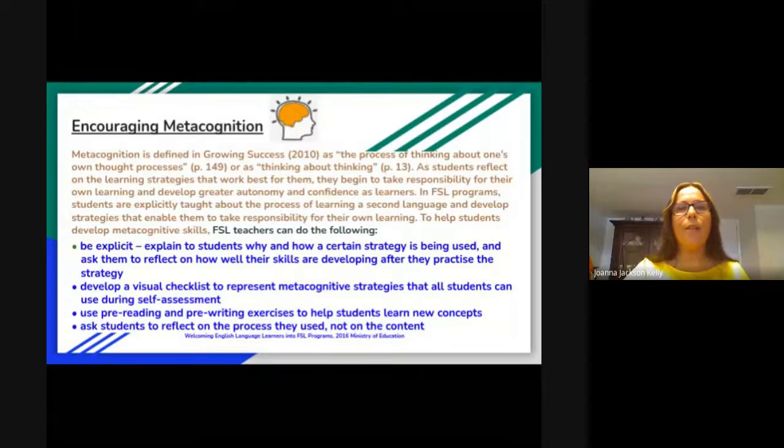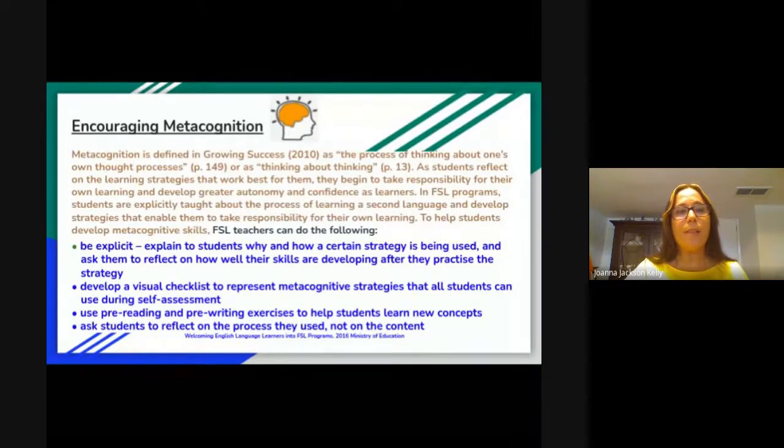Metacognition is defined in Growing Success as the process of thinking about one's own thought processes, or as thinking about thinking. As students reflect on the learning strategies that work best for them, they begin to take responsibility for their own learning and develop greater autonomy and confidence as learners. So it is essential to involve students in their learning.